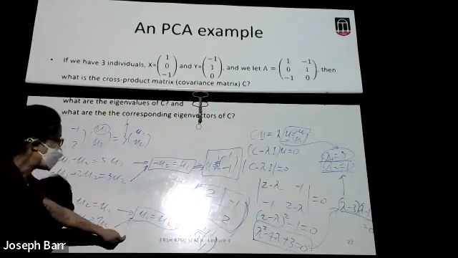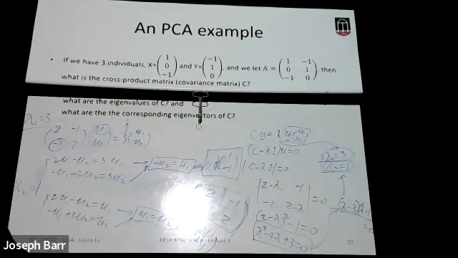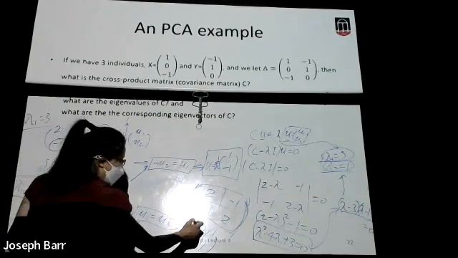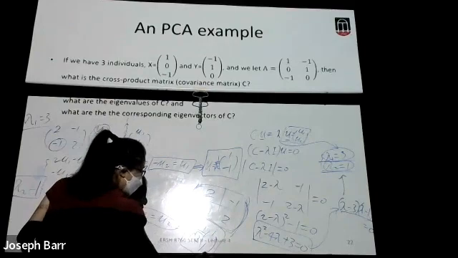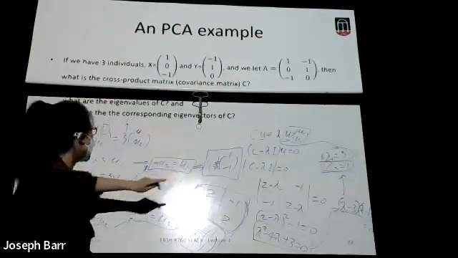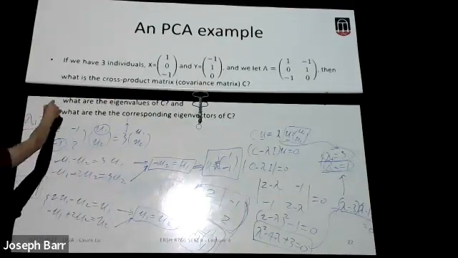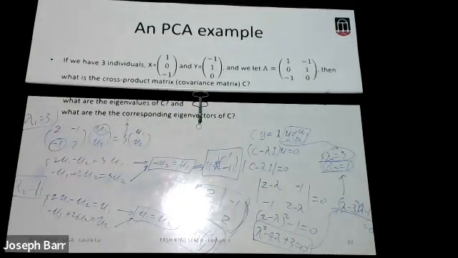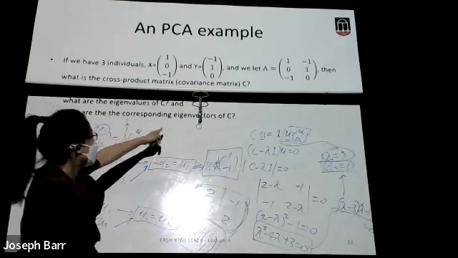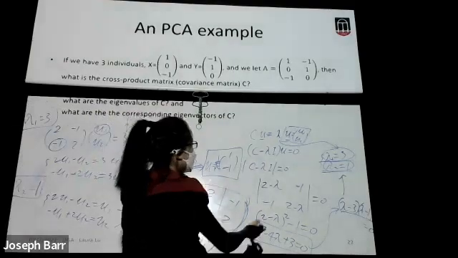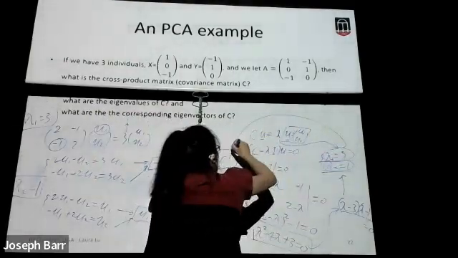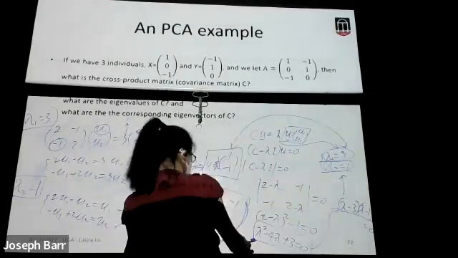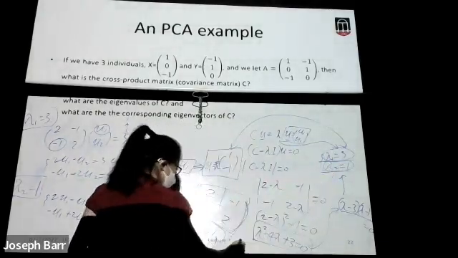So the standardized eigenvector associated with lambda 2 equals 1 is this vector, and the eigenvector associated with lambda equals 3 is this eigenvector. So we got the corresponding eigenvectors. For 3, it is this one. For 1, it is this one.